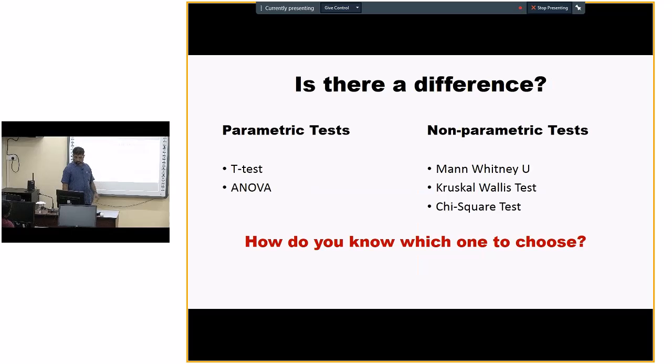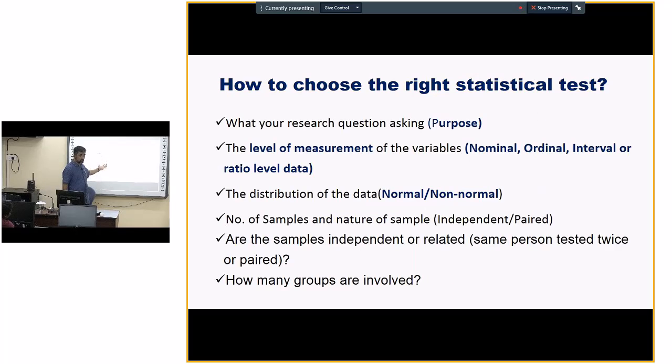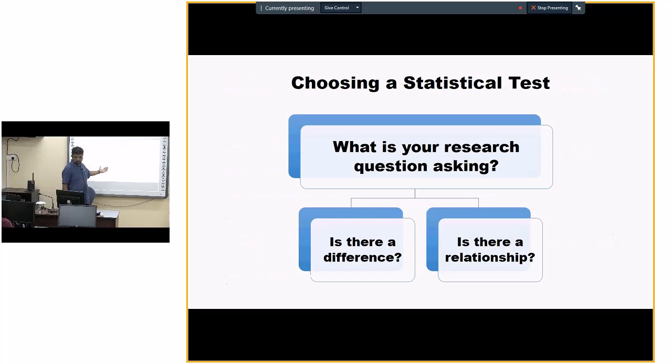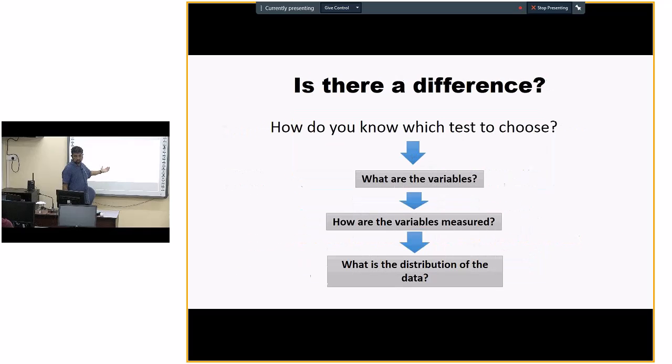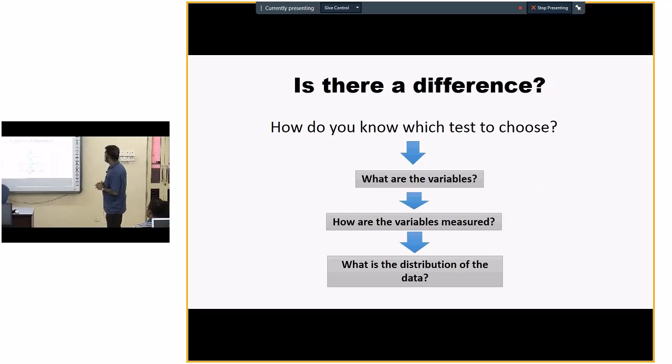Then again we have to go to the previous slides. Here, these are the criteria to select them. If you know the purpose of your research, now if we move to the first part, what is the first part?